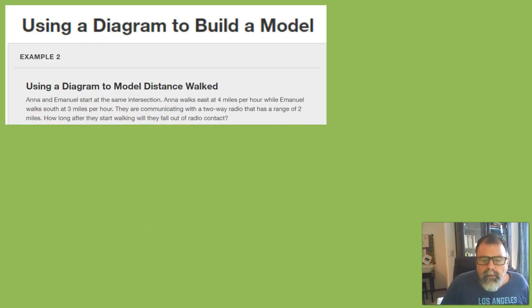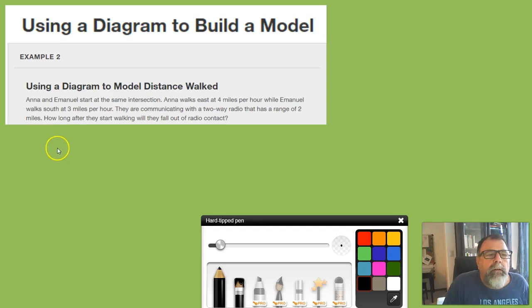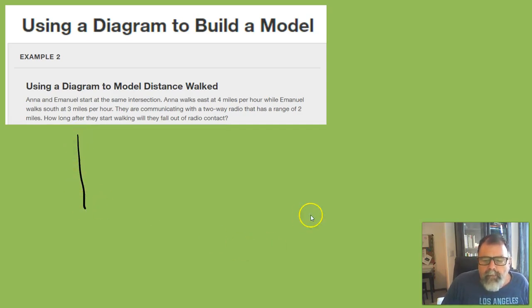All right, so we need to make a little diagram, see what's going on here. So we're at some intersection. We're starting here together. Anna walks east at 4 miles per hour.